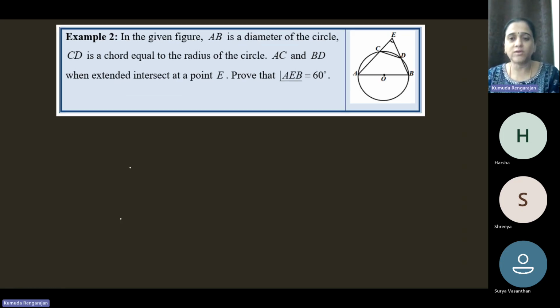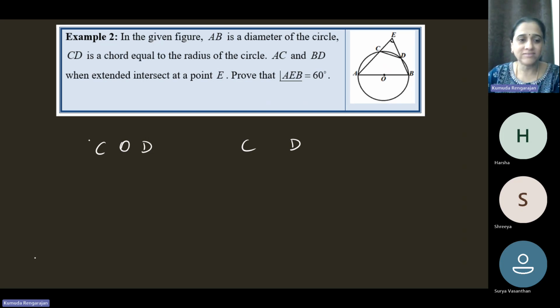And that is very easy to identify, because just write the name of the arc, CD.